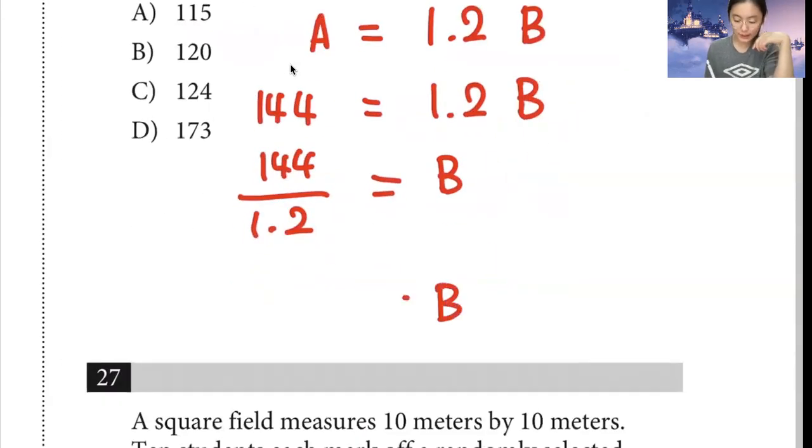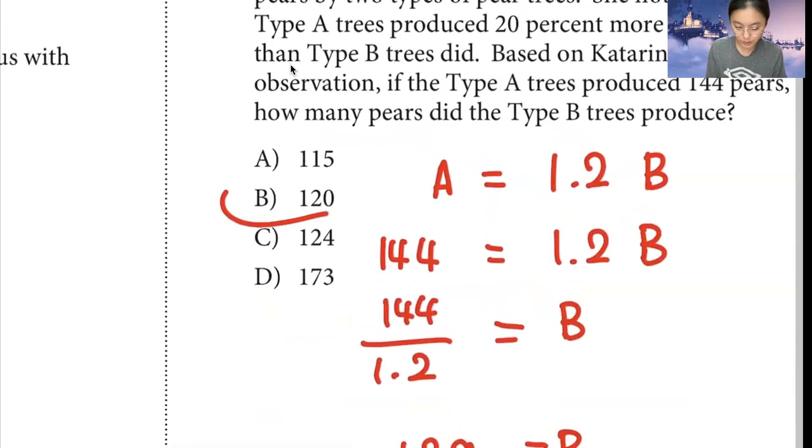And we have our handy dandy calculator right here. 144 divided by 1.2 is 120. So B is going to be the answer.